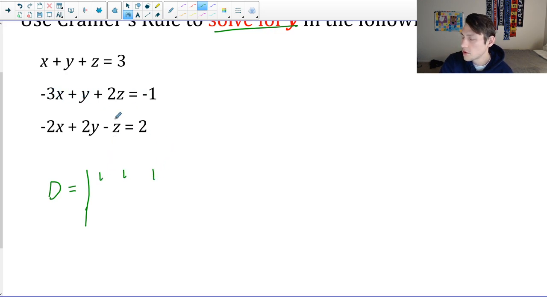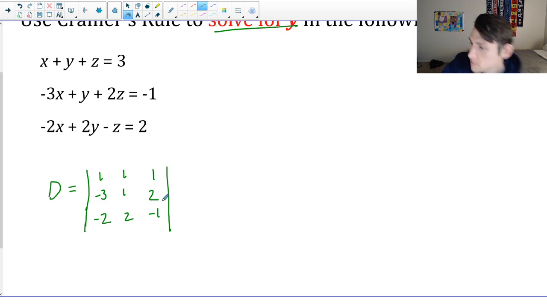Second row, -3, 1, 2. -2, 2, -1. For capital D, we're not worried about this stuff over here yet. We're not doing anything with it. These numbers are not in this matrix. This is purely just the coefficients.